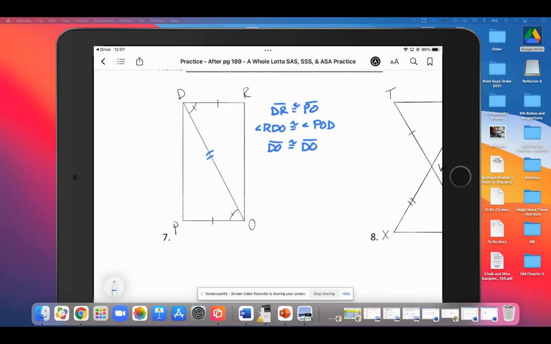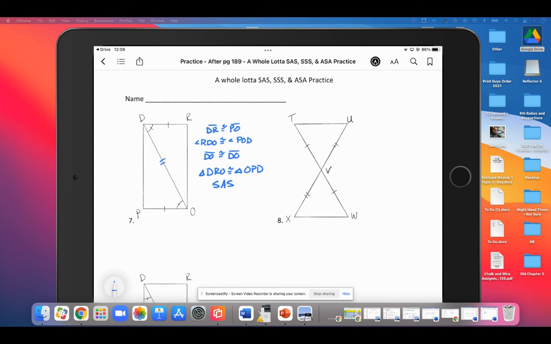So I do have an angle trapped between two sides. So I've got side, angle, side. And I probably should make a congruent statement about those triangles. I don't remember if I forgot to on the last one. I'll go back and do that. I've got triangle DRO is congruent to triangle OPD because of side, angle, side.